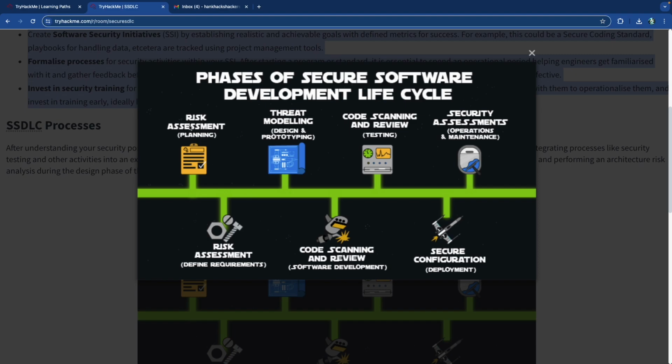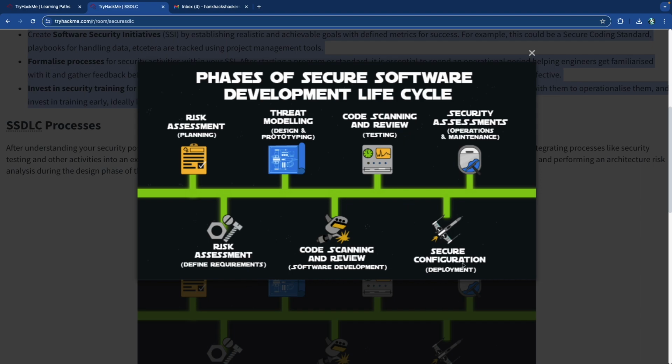So risk assessment is done during the planning phase, and then another risk assessment is done during the defining of the requirements. Then you have threat modeling during the design and prototyping phase, and code scanning and code review during the software development phase, and code scanning and review again during the testing of the software.